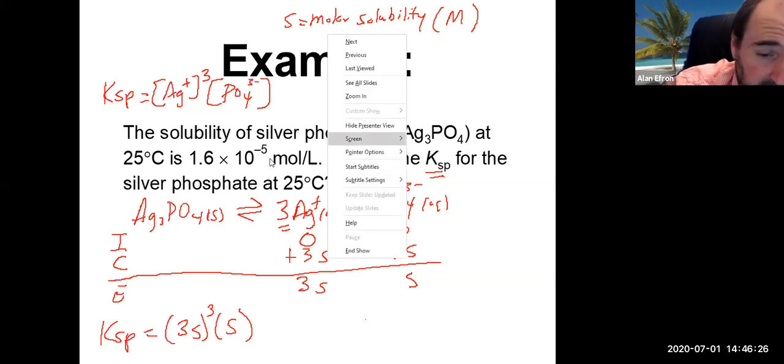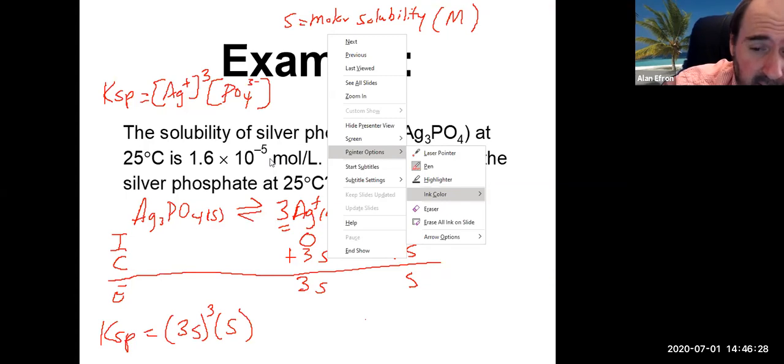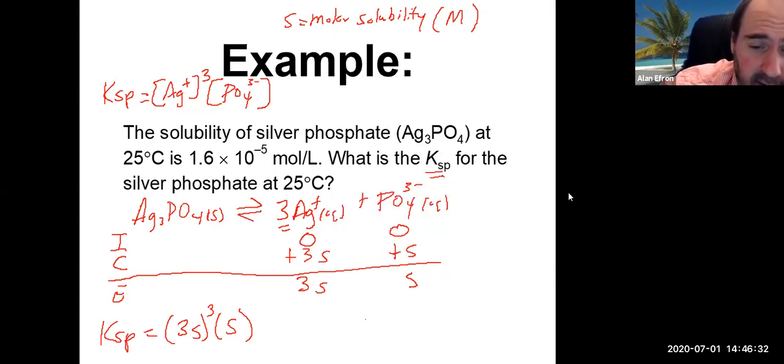Now, in this particular problem, we're actually looking for what the Ksp is, and the piece of information they gave us was that the solubility is 1.6 times 10 to the minus 5 moles per liter.